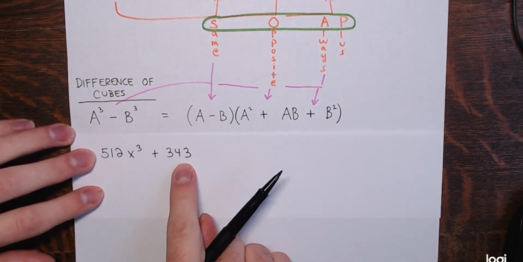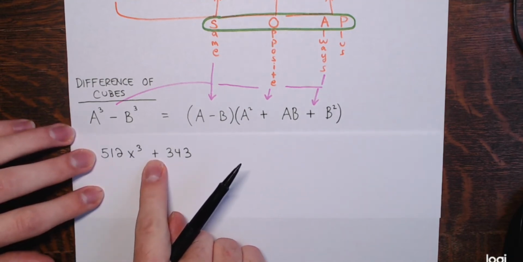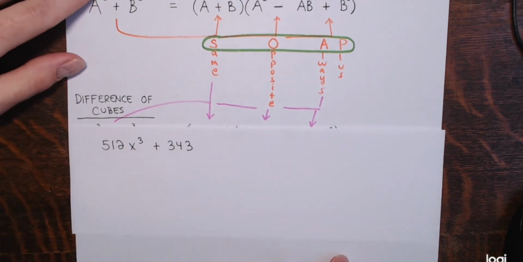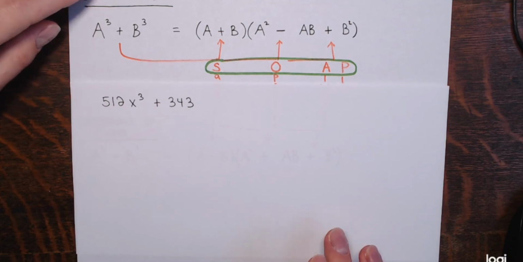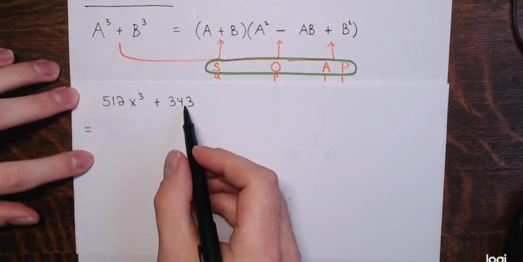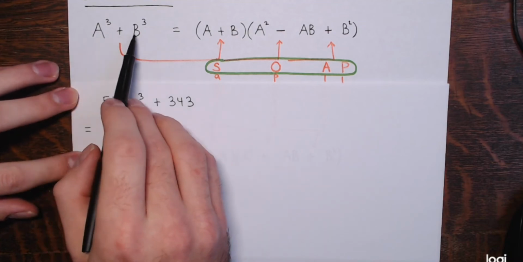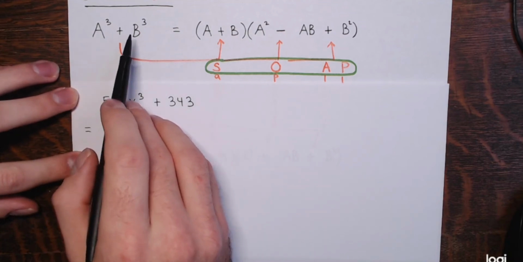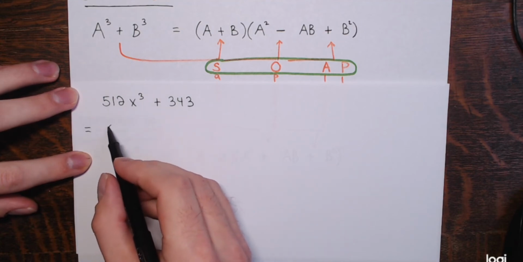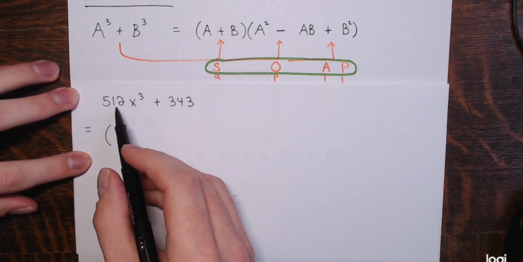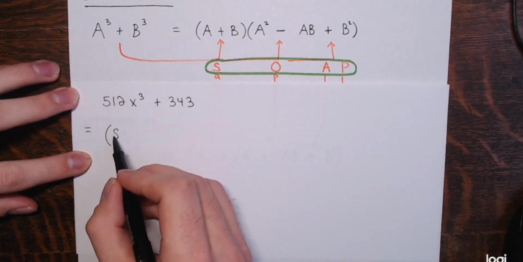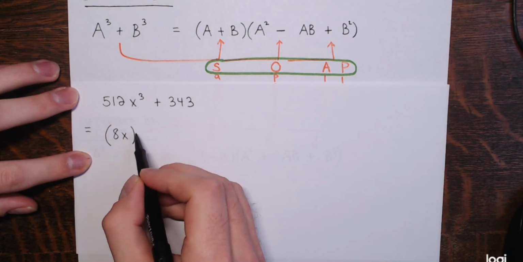It's a sum, right? There's a plus, and I'm seeing a third power. So there's a good chance that this is a sum of cubes. Well, let's see. Can I express this as a cubed plus b cubed, in the same form as my formula here? Well, let's see, 512x cubed. Now you may not know this off the top of your head, but 512 is 8 cubed. So 512x cubed is 8x to the third power.